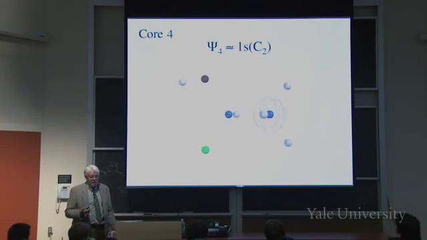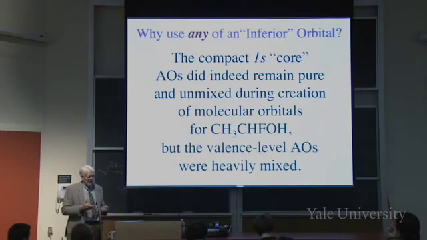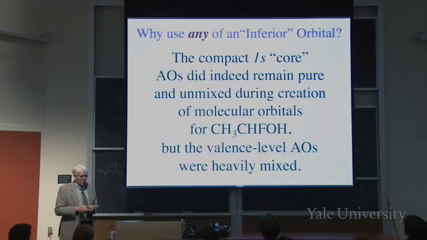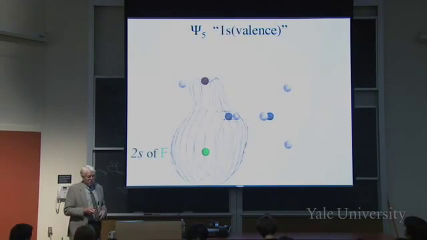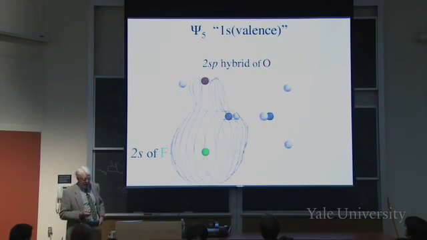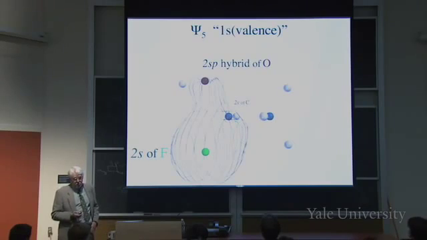They didn't mix, right? So the compact 1s core orbitals did remain pure and unmixed, but the valence level atomic orbitals were heavily mixed. For example, the next one was biggest on fluorine, but also substantial on oxygen, and carbon even got into the act a little bit, right?